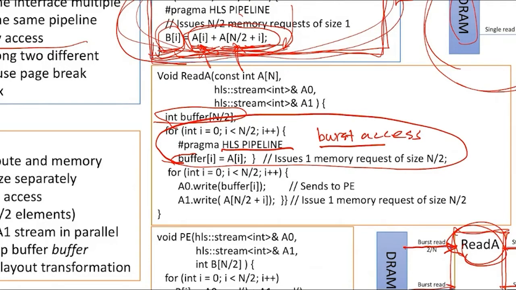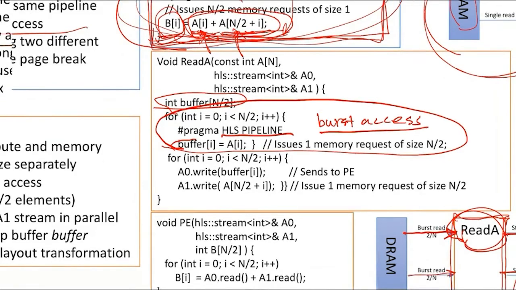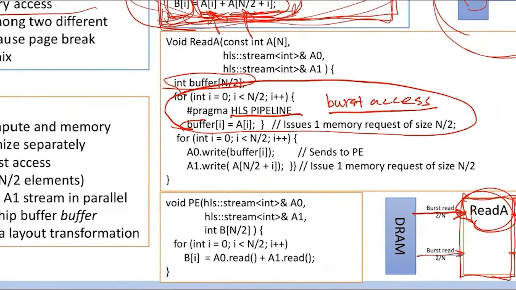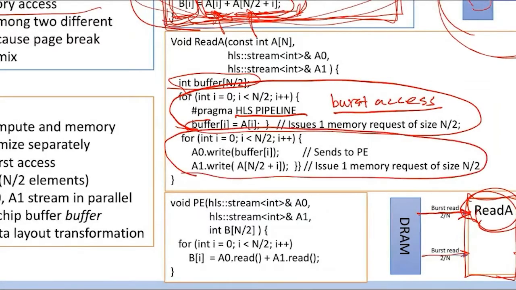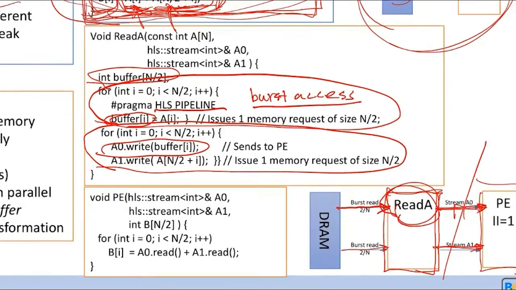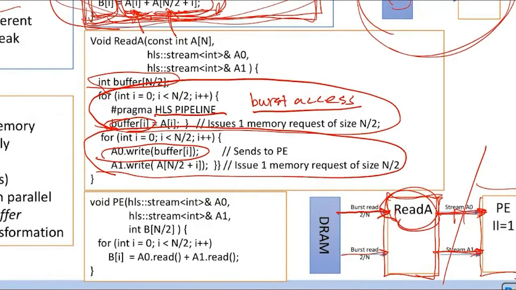For the second part, you read the data into the internal buffer, and then you stream out the A0. While you're streaming it out, at the same time you read another part of the memory. So actually, these two parts can be running concurrently.